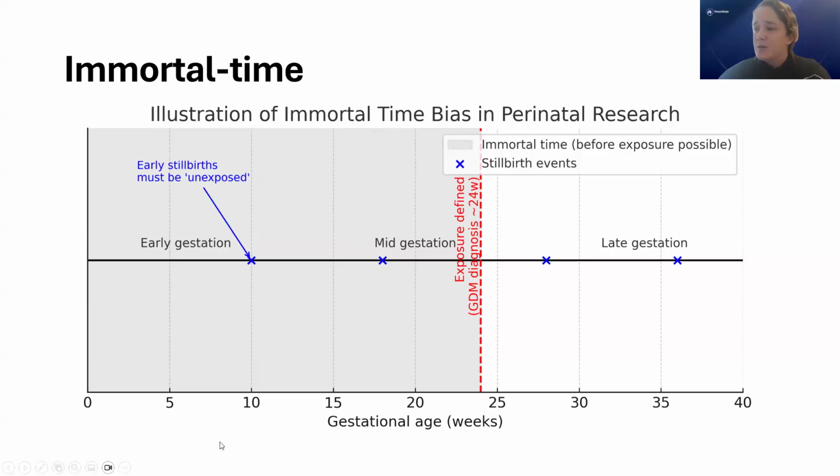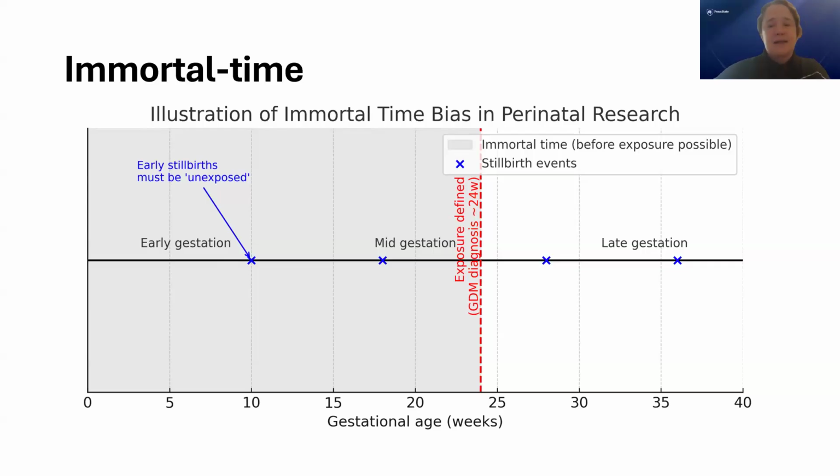So if we don't have information on that exposure at any time before that, any pregnancies that maybe were lost or ended in stillbirth before the time we could get the diagnosis and define exposure are these X's here. So these are counted as unexposed because we don't have information on exposure at that time.